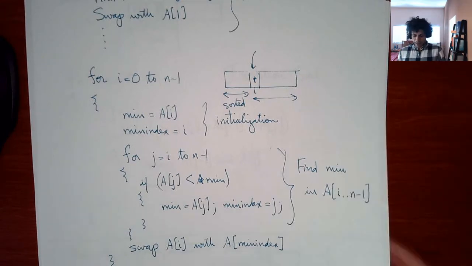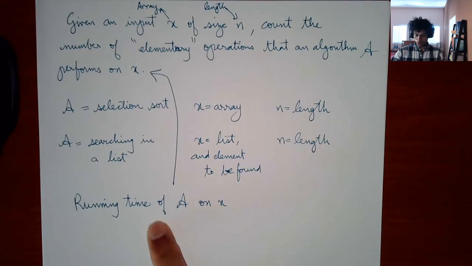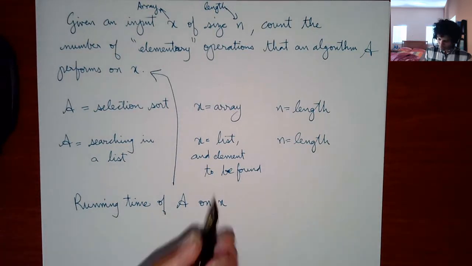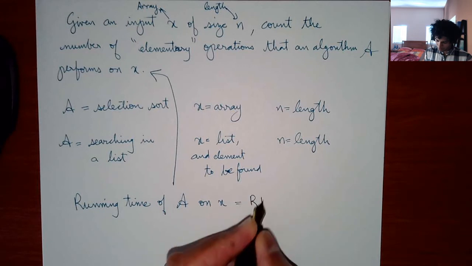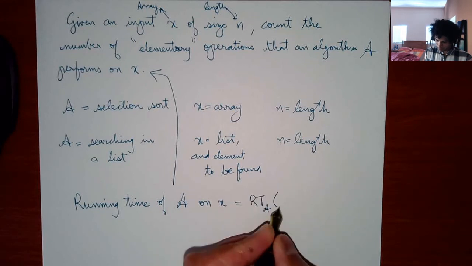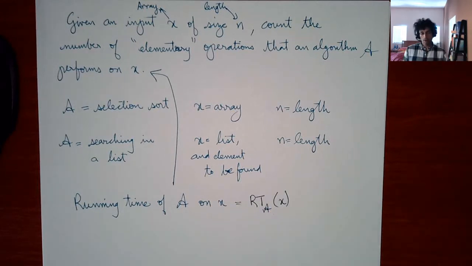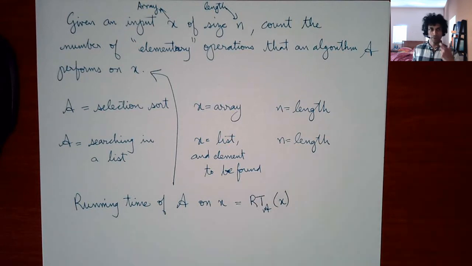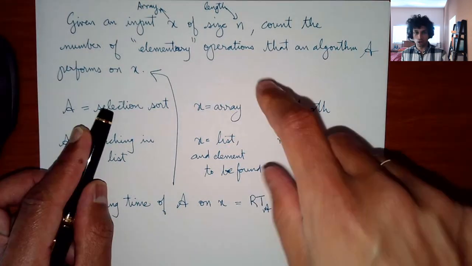That is the running time of the algorithm on an input X. And I'm just going to write this as the running time subscript A on X. This is the number of elementary operations that is performed when you run an algorithm A on X. And if you want to make it concrete, think of selection sort on an array.